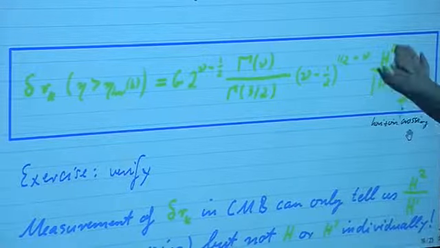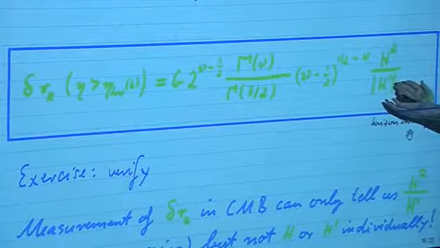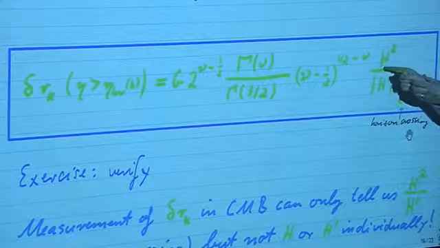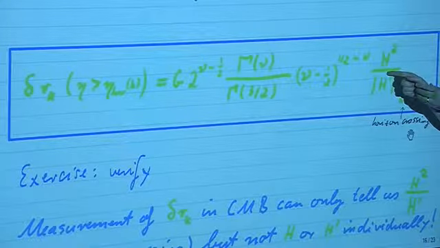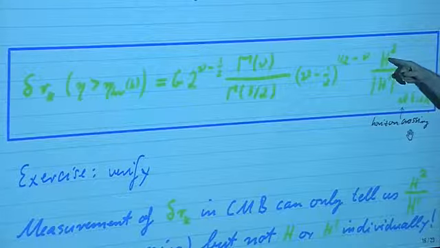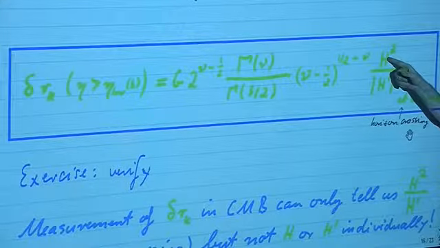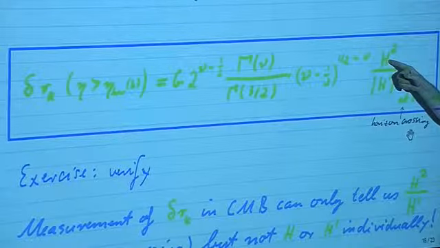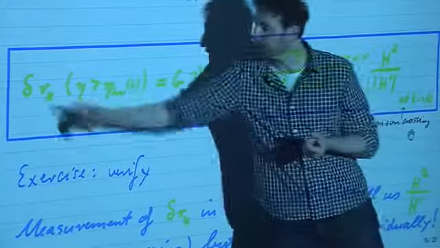So we've not predicted H squared over H prime. We cannot, from looking at the CMB, tell how big H is. H, remember, is the Hubble radius during inflation. We cannot tell whether it was small or large from measuring those quantum fluctuations.